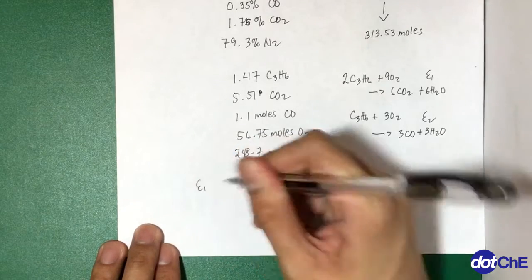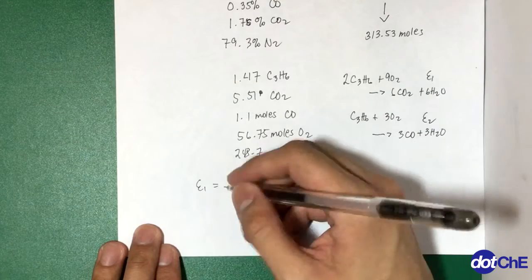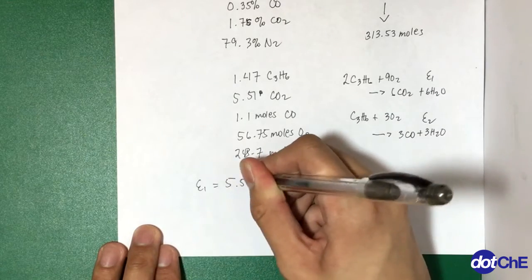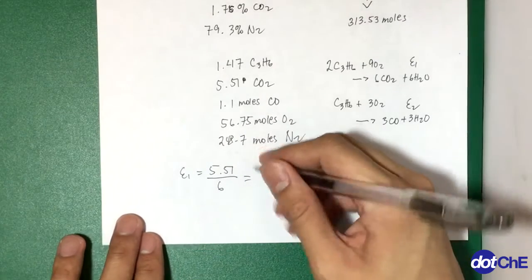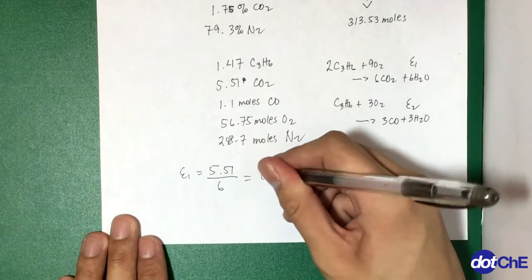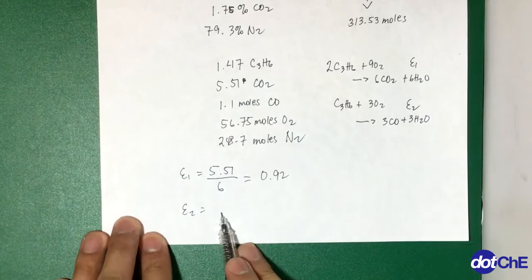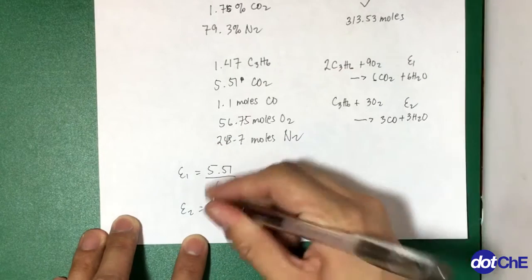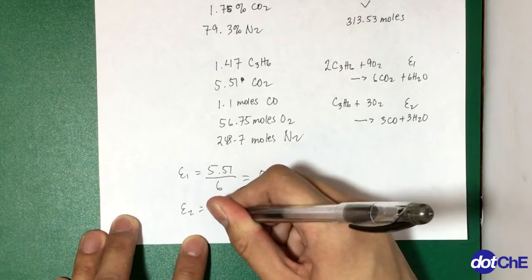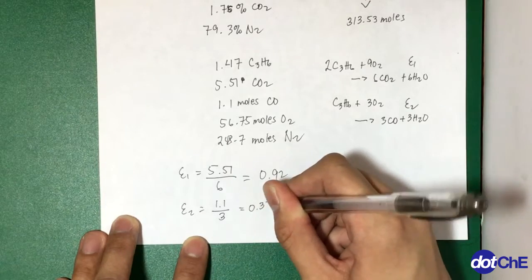So extent 1 is approximately the amount of CO2, which is 5.51, we then divide by its stoichiometric coefficient, wherein we will get approximately 0.92. Our second extent is approximately 1.1 divided by 3, which is 0.37.